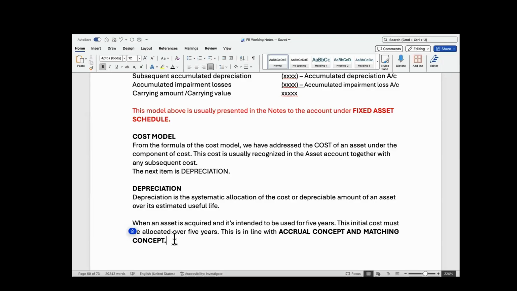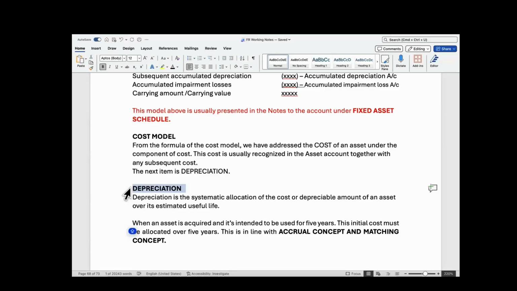So when you incur a cost on an asset that you're supposed to use for 5 years, when you use the asset in the first year, you need to recognize a cost to P&L. And that cost for that 1 year of the asset is depreciation. So depreciation is simply a portion of the cost of an asset that relates to that year.